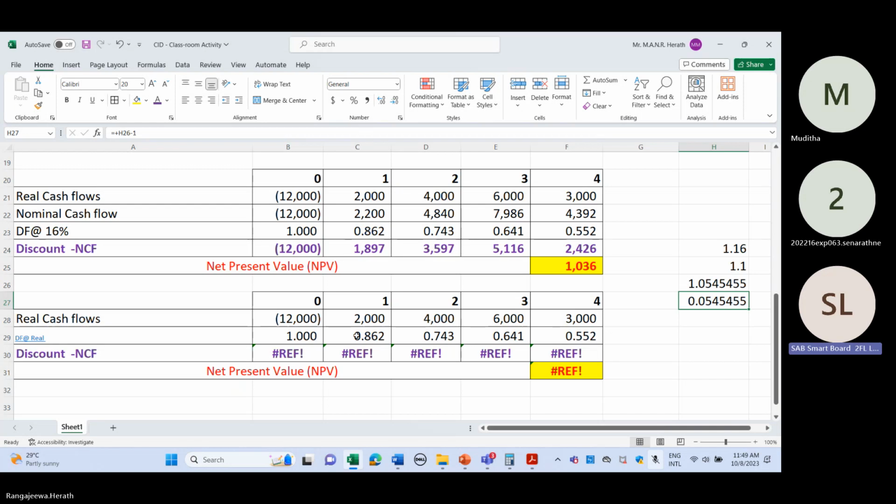Then the discounting factor I take is 1 divided by 1 plus this.